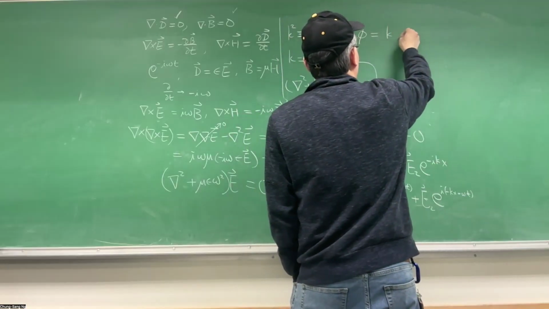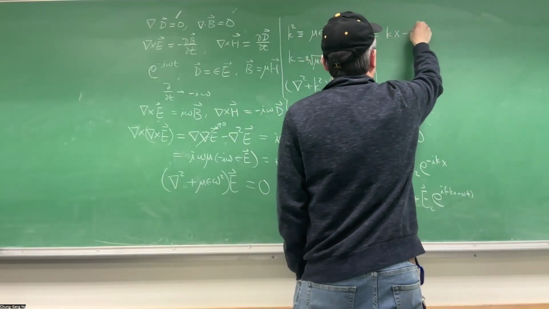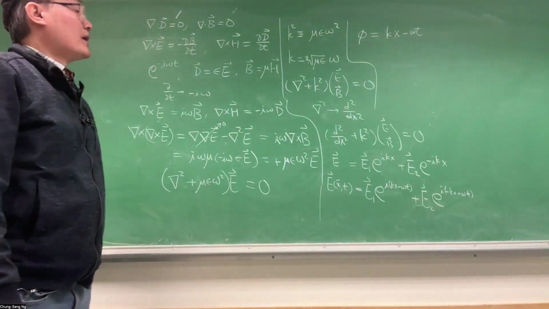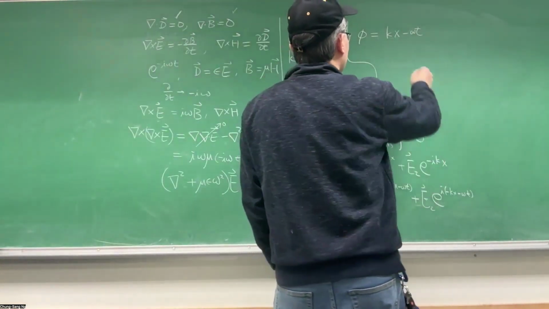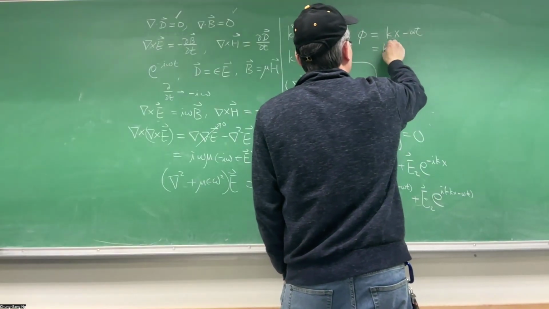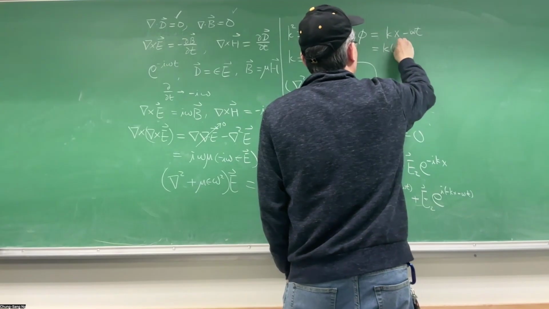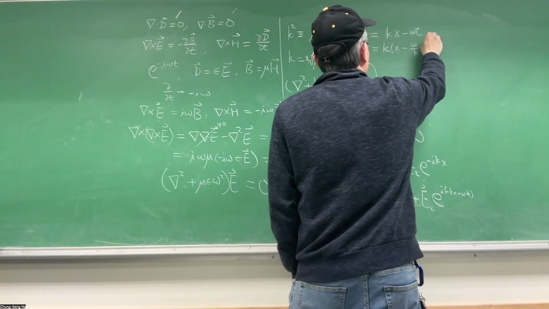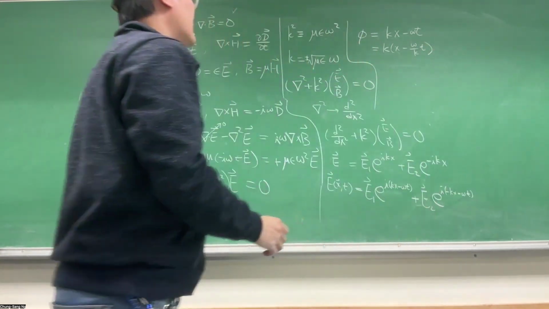The first term has phase kx minus omega t, right? But you can also pull out the k factor: k times (x minus omega over k times t).